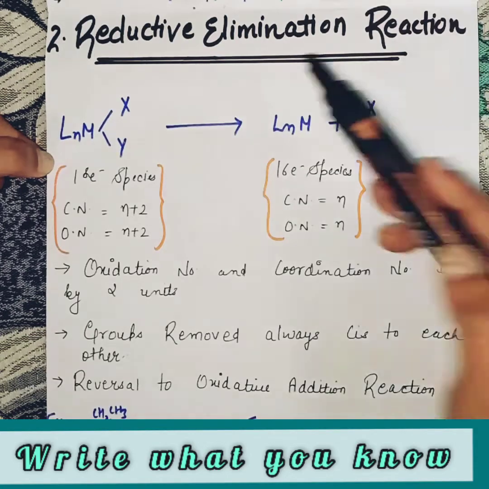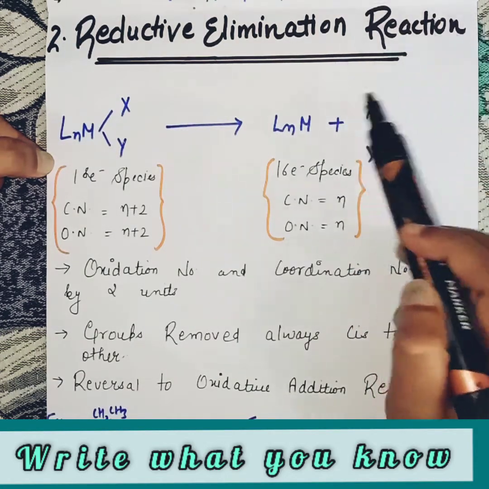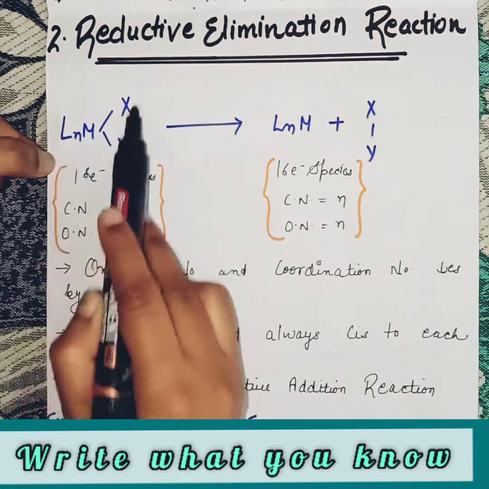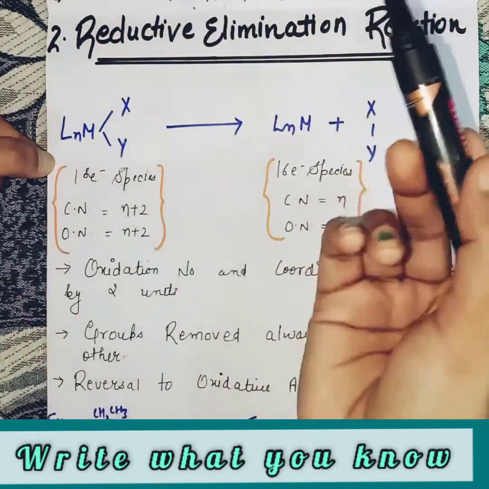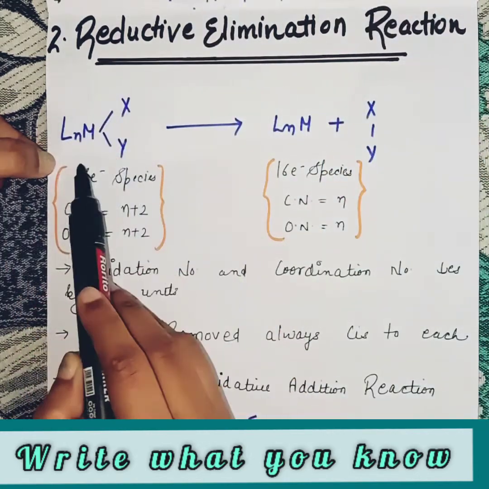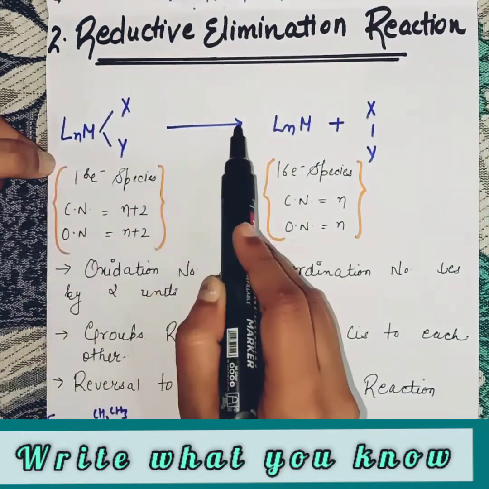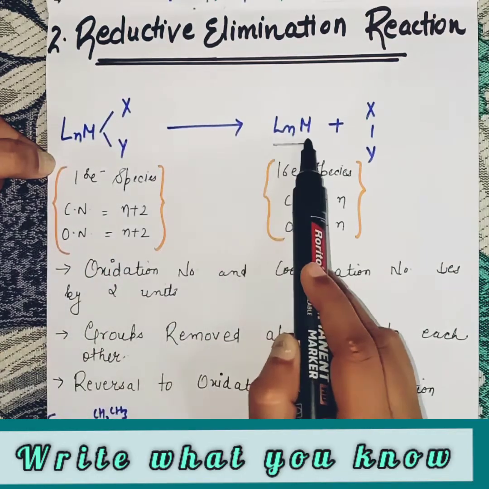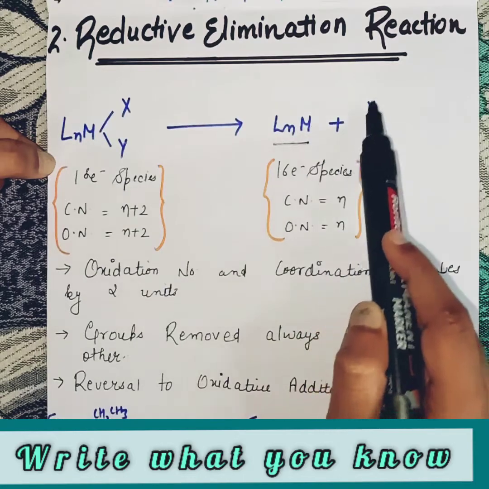Next is the reductive elimination reaction. This reaction is the reverse of the oxidative addition reaction. Simply, all things are reversed. In oxidative addition we have this complex as our product, but now this is our reactant. In this way, both groups are removed from here and it becomes an LnM complex plus XY.